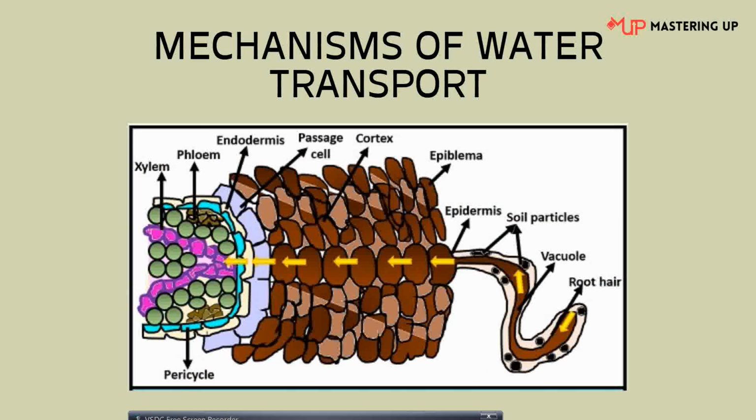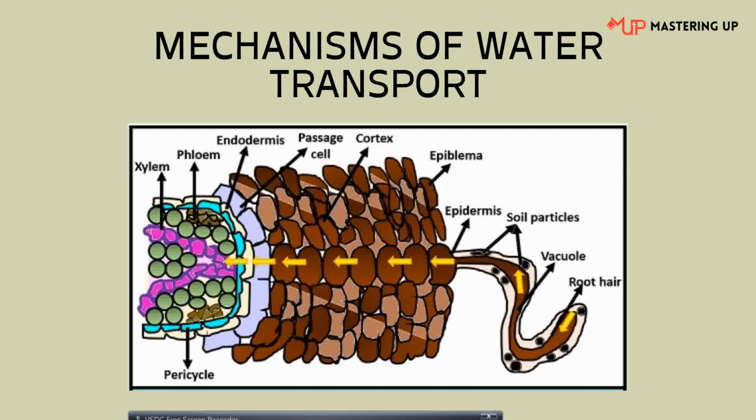So here you can see the root hair. This yellow line shows the water transport mechanism. From the root hair it enters. You can see the epidermis. There are different names of different structures present.